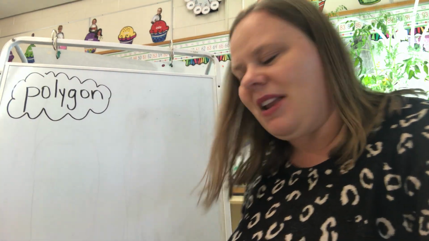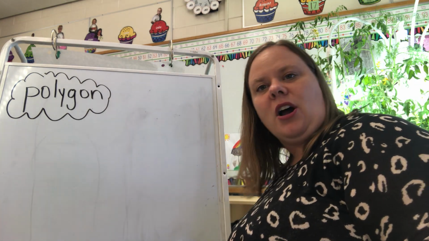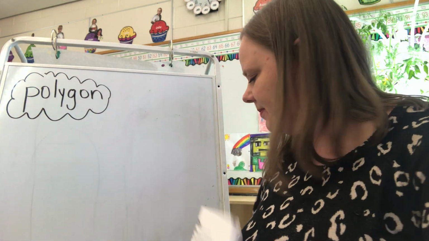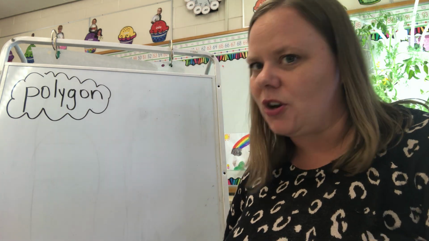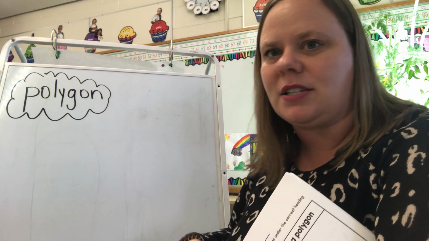Ready? Here we go. I'm on my spinny chair, spin around, spin around, spin around. And here we are. So, does anyone think that they might know what a polygon is? I bet some of you figured out that if it has a curved line, it's not a polygon.